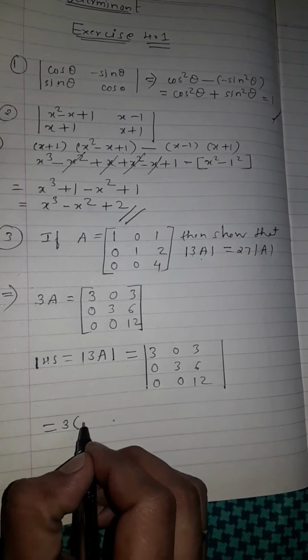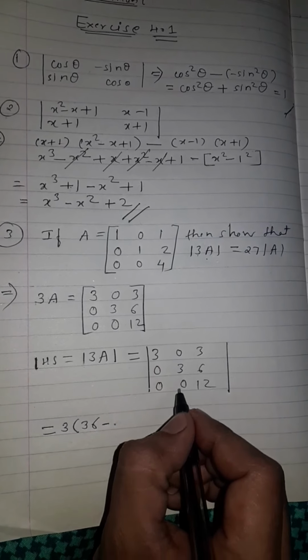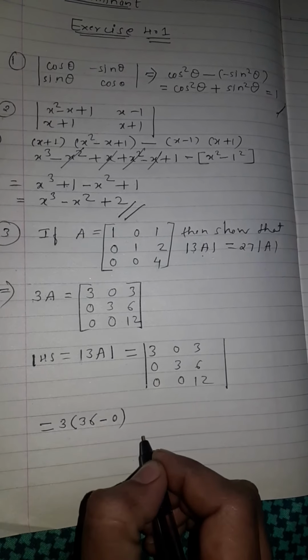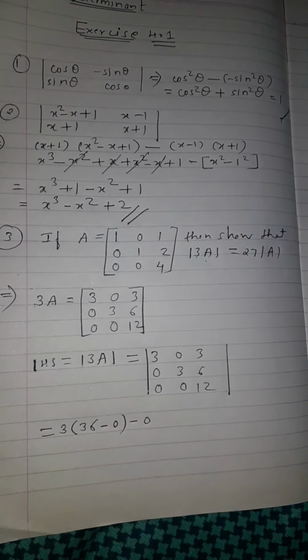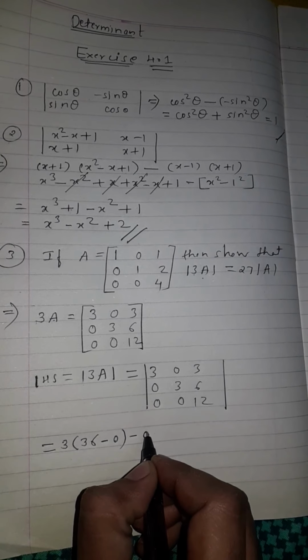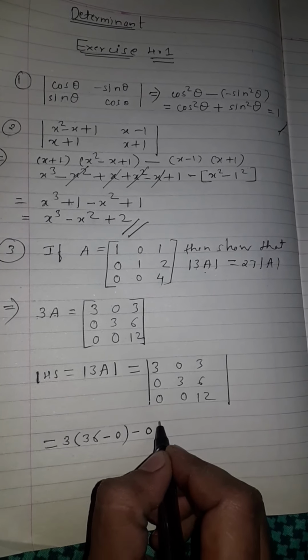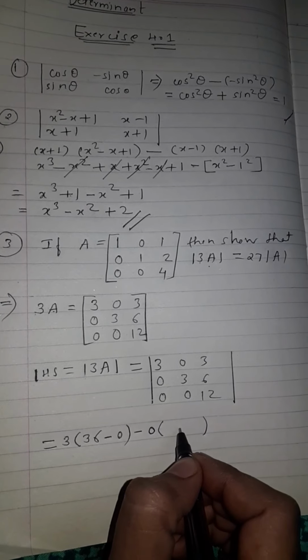12 into 3, 36, minus 0 into 6, 0. Minus, the second element is 0. Keep in mind, when the element is 0, there is no need to write the multiplication, because 0 into anything is 0.